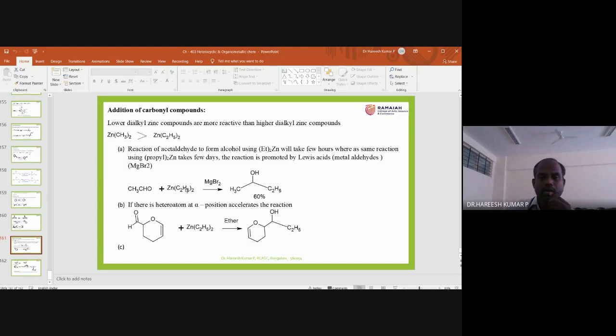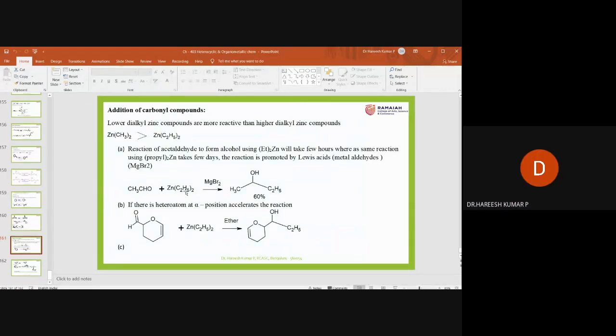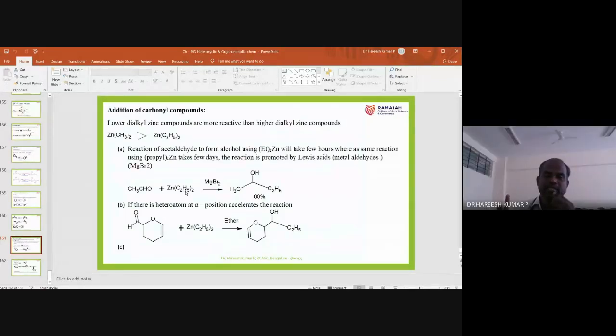One thing you can keep in mind: with organozinc, alkyl is the source. Alkyl will act as a nucleophile. That alkyl will add to the electron deficient center. But two name reactions are there, and both are cyclopropanation reactions. In the first name reaction, diiodomethane in presence of diethyl zinc.